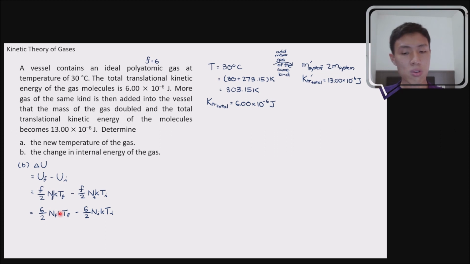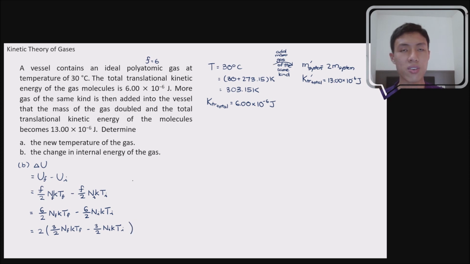But there's a smart way to go through it, which is to notice that this equation here is actually equivalent to 2 times 3 over 2 N_f kT_f minus 3 over 2 N_initial kT_initial.